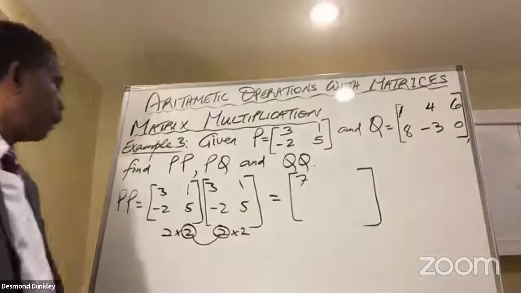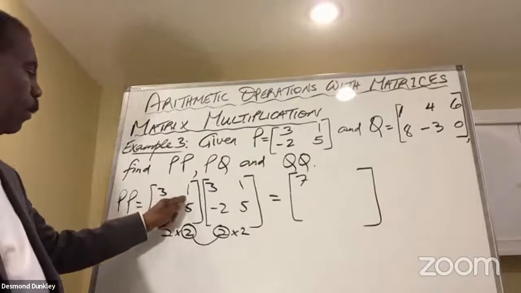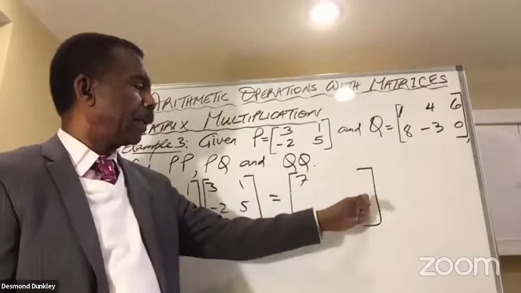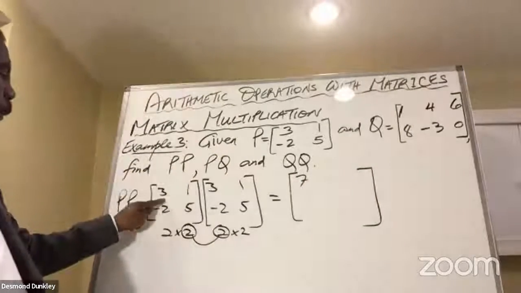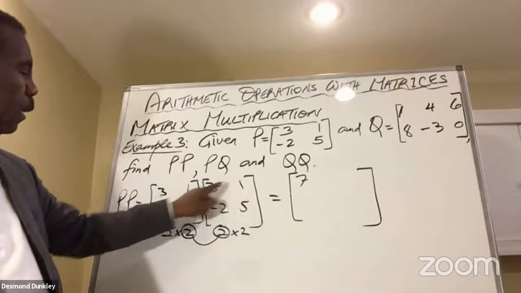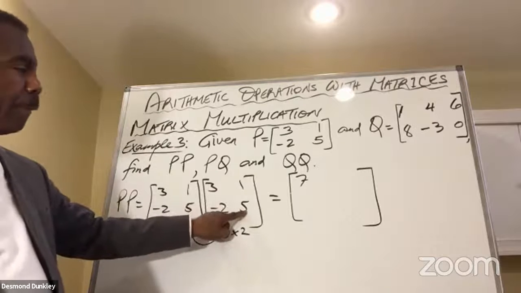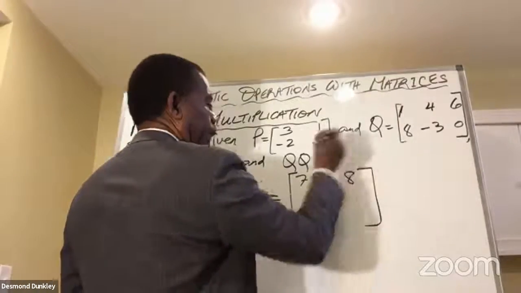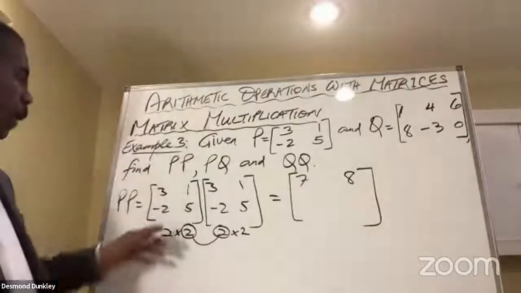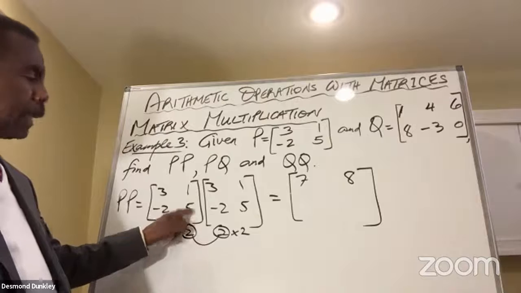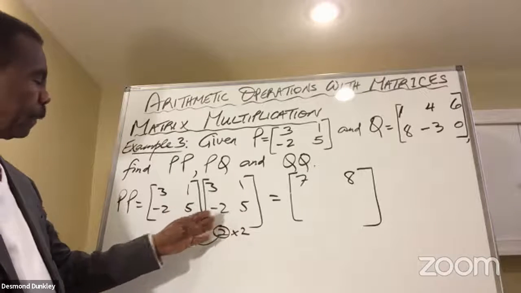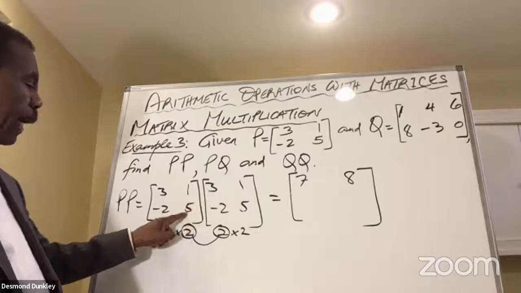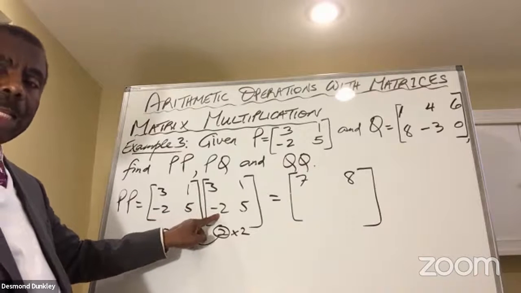Okay, so now it's going to be the first row times the second column. First row, second column is right here. So 3 times 1, 3. 1 times 5, 5. 3 plus 5, 8. So now this is the second row times the first column. Negative 2 times 3, negative 6. 5 times negative 2, negative 10.